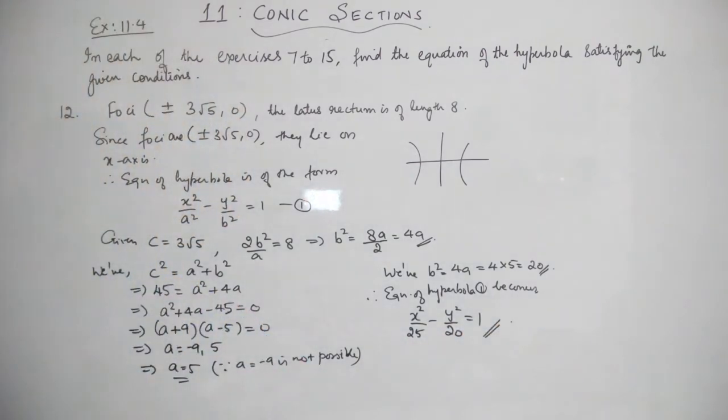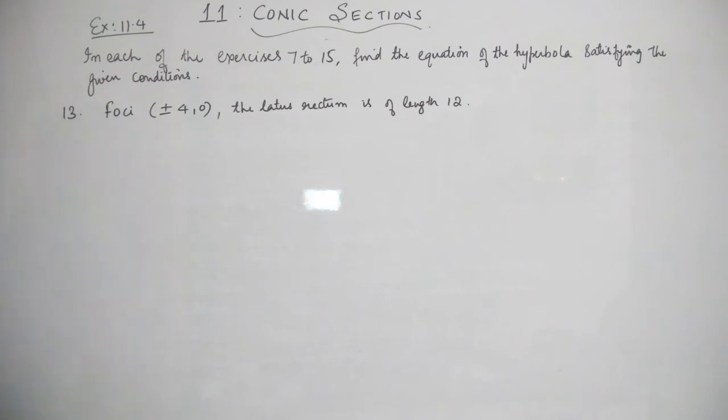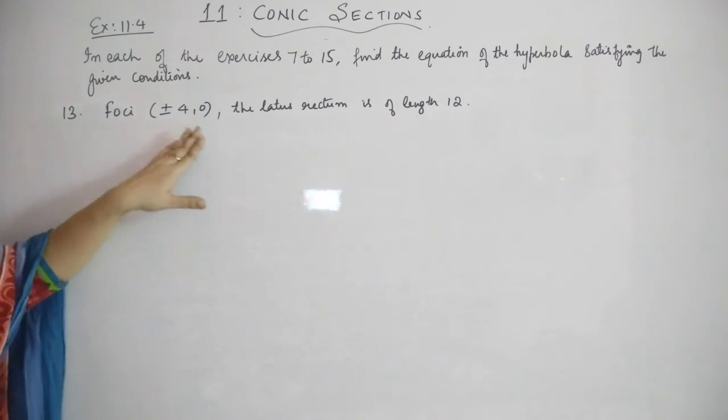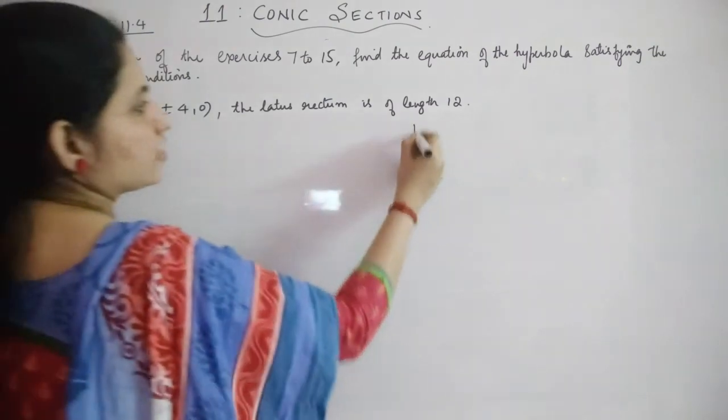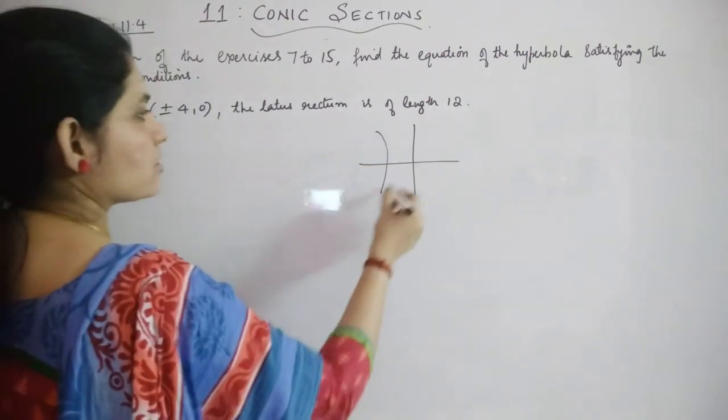Question number 13 is foci is given to be plus or minus 4, 0 and the latus rectum is of length 12. So here again it is of the form plus or minus c, 0, that is the transverse axis is on the x-axis, or the foci is on the x-axis.